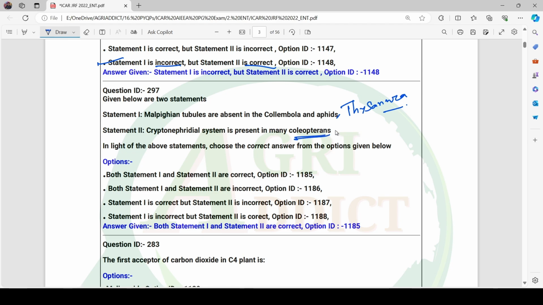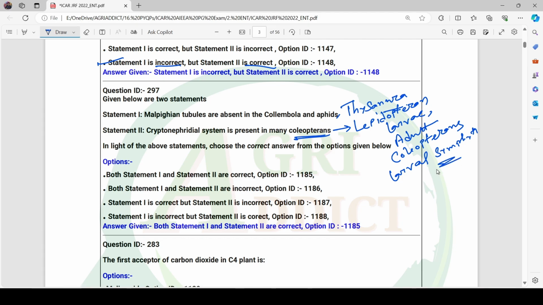Yes, you all know that the cryptonephridial system is mainly present in Lepidopteran caterpillars, Lepidopteran larvae, and it is also present in adult coleopterans. Some, not all, of the adult coleopteran beetles, and larval Symphyta.